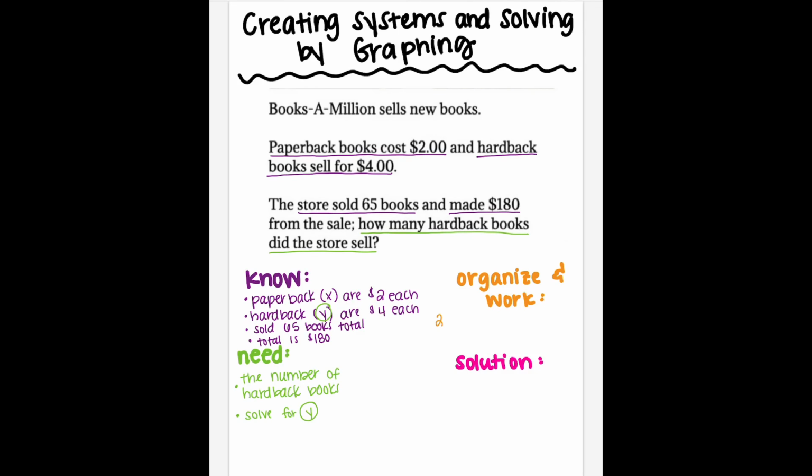Okay, from the things that we know, we can say that $2 per paperback plus $4 per hardback was a total of $180. So this equation is dealing with the money aspect of this problem.